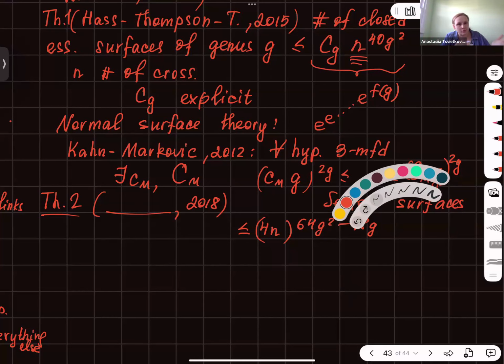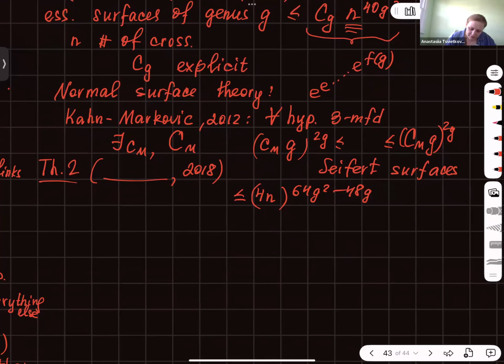But also you can actually push this further and find some kind of analog of this in hyperbolic three-manifolds, mixing it with some geometry and normal surfaces. So we started working on this with Jessica Purcell first. So part of what I want to talk about is joint work with her.